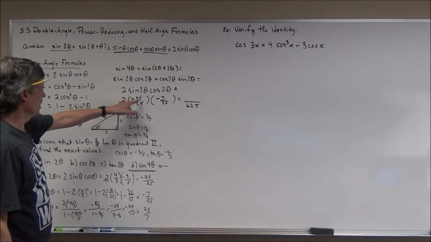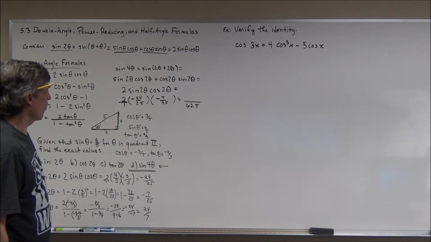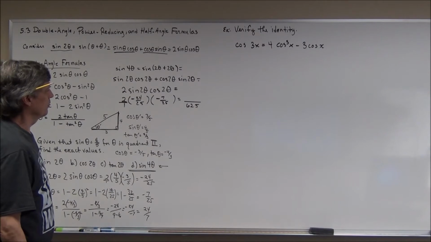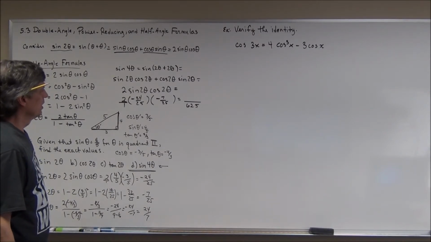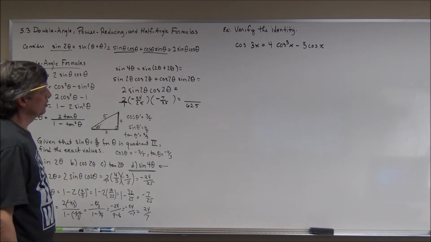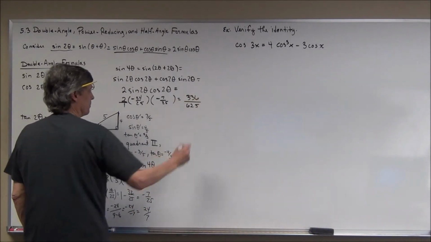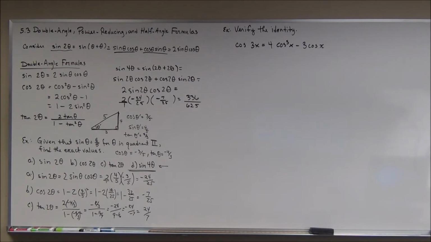Let's see, 2 times 24 is 48. 48 times 7. Well, 50 times 7 would be 350, so this would be 14 less than that, 336. If I didn't make a mistake. I don't know if that reduces. I don't think it does. I think that's as far as that one goes.